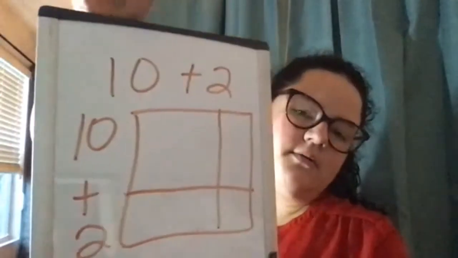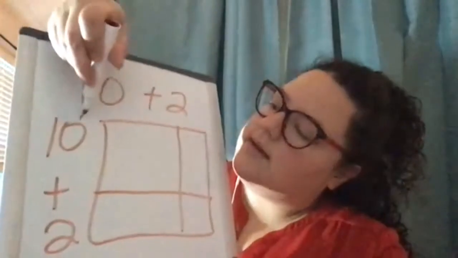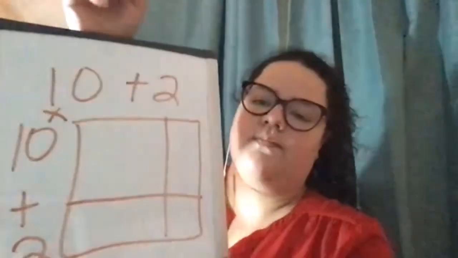Let's do an area model. And let's check with standard algorithm. So here I've set up our area model. We have our 10 plus 2 times our 10 plus 2.